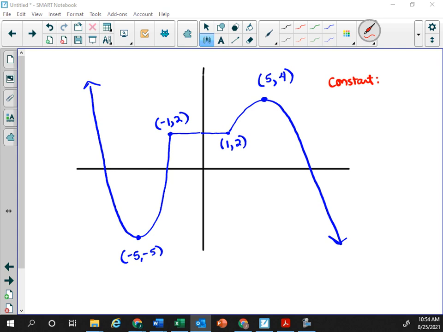Okay, guys, any thoughts on where this graph is constant? Even though we haven't formally defined that, do you have a thought on which section of the graph might be constant? Yeah, go ahead. X equals -1 to 1.